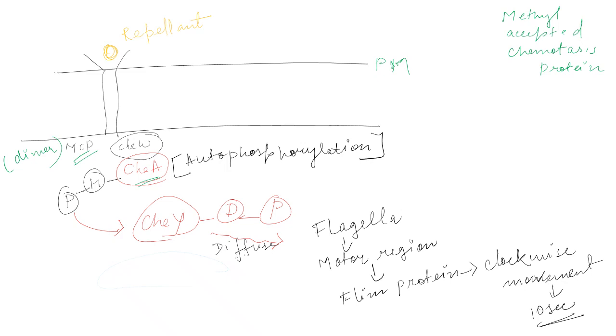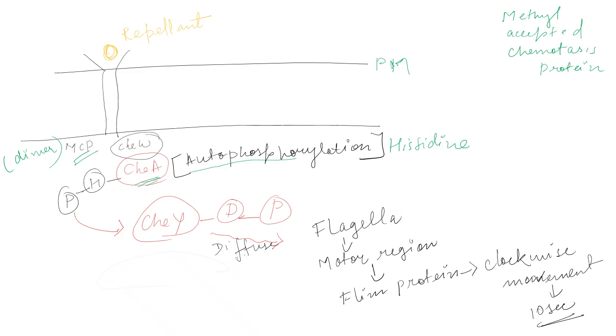Now on binding to CHEA, this CHEA undergoes autophosphorylation. But this autophosphorylation occurs only at a particular amino acid, that is histidine.